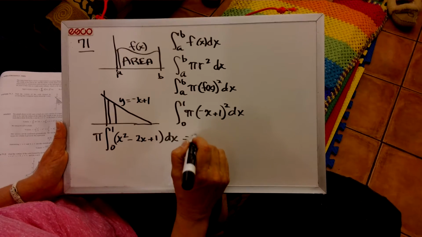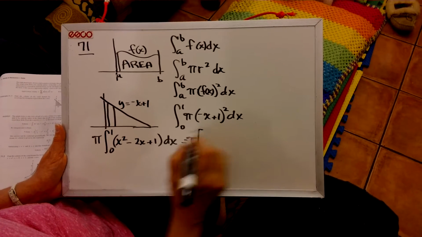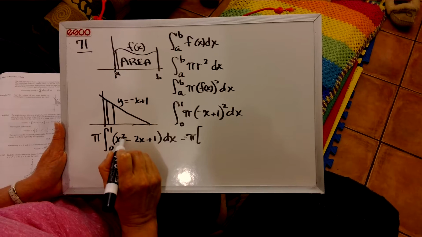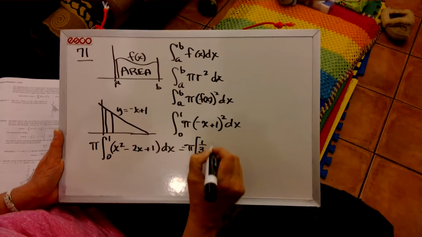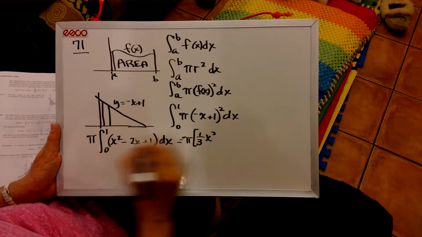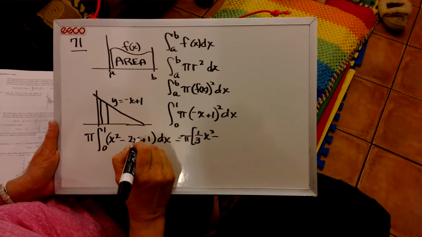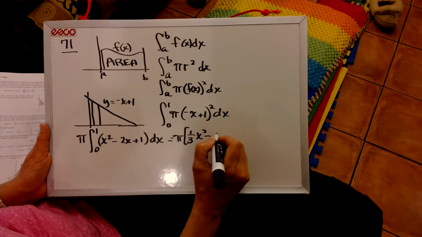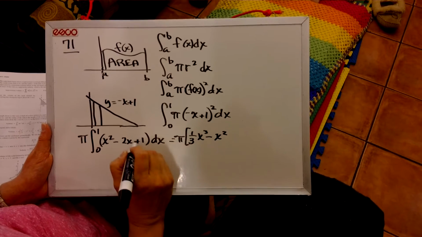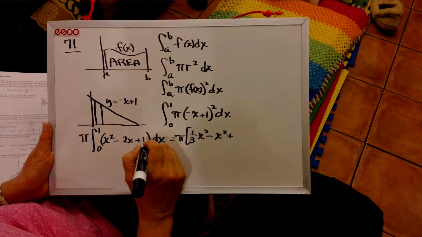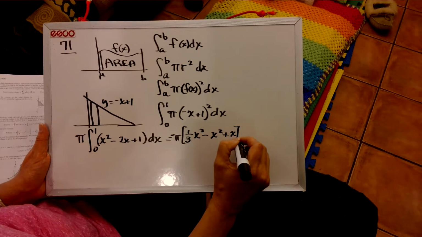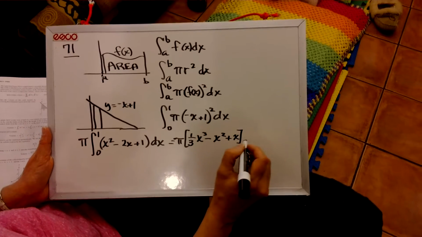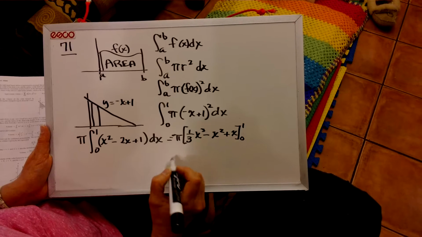So we're going to have pi, and we're going to evaluate this. We add 1 to the 2, make it 3, divide by 3. Minus, we add 1 to the 1, make it 2, divide by 2. Plus, we add 1 to the 0 that doesn't show up, and it leaves us with x, and we're evaluating it from 0 to 1.